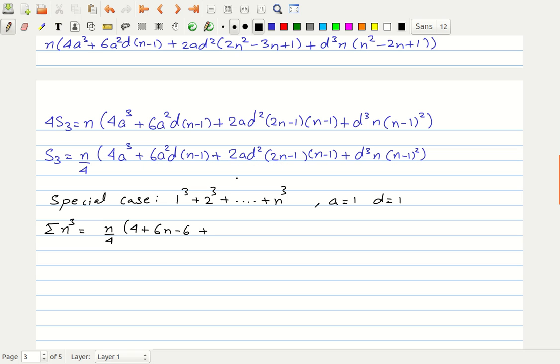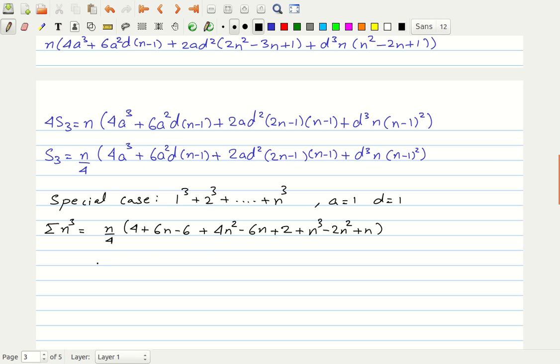So you multiply this by 2. So this is 4n square minus 6n plus 2. D cube is 1. So this is n times n minus 1 square. So this is simply plus n cube minus 2n square plus n, right? So this is the sum of the cubes of natural numbers.